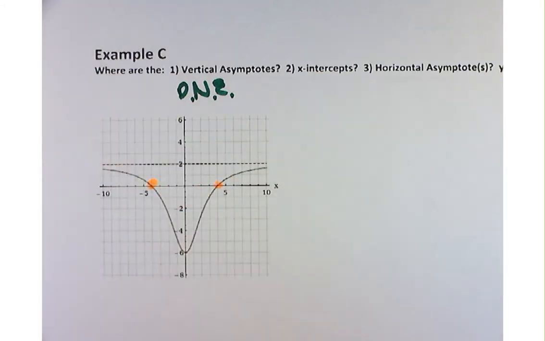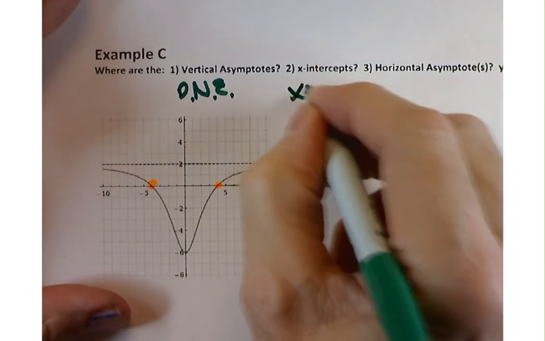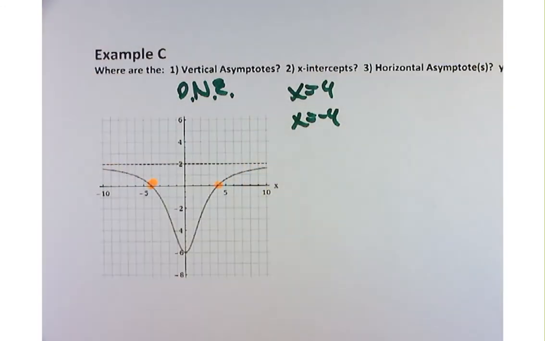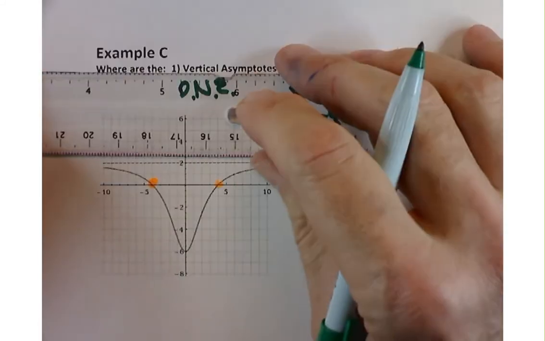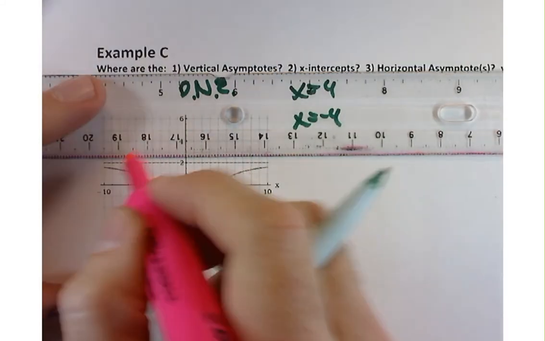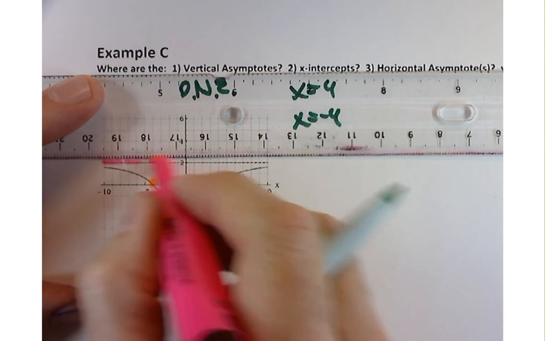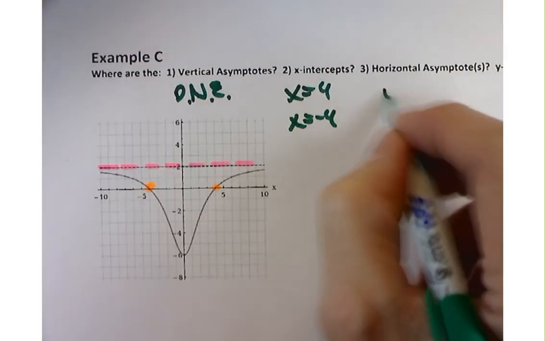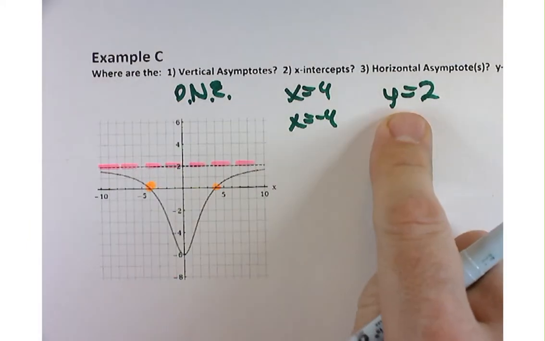All right, so x equal 4, x equal -4. Is there a horizontal asymptote for this graph? Y equals 2. Yep, y equals 2. And again, I really appreciate you giving me an equation here.